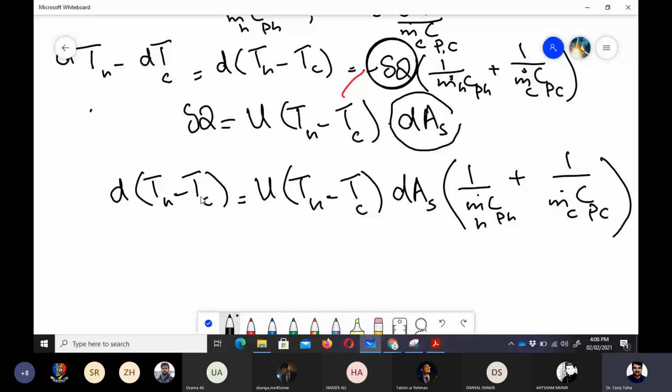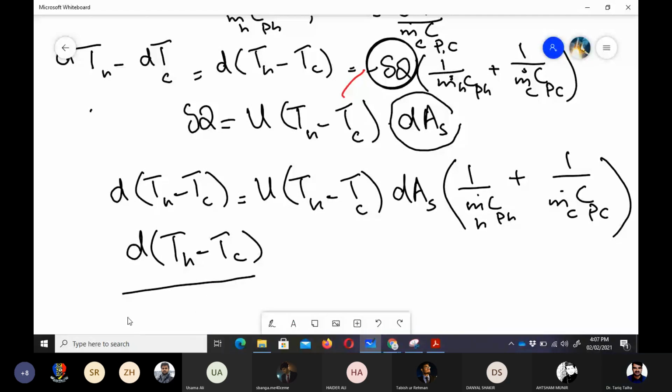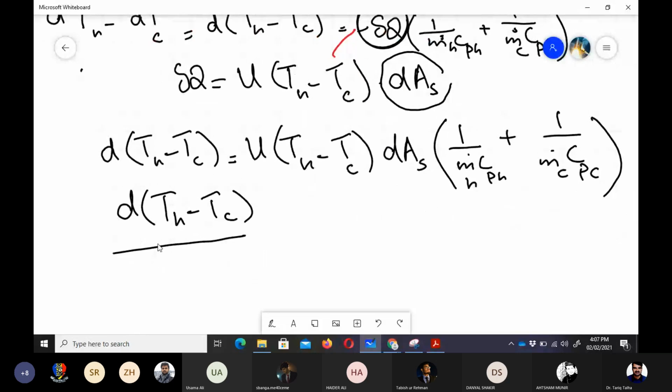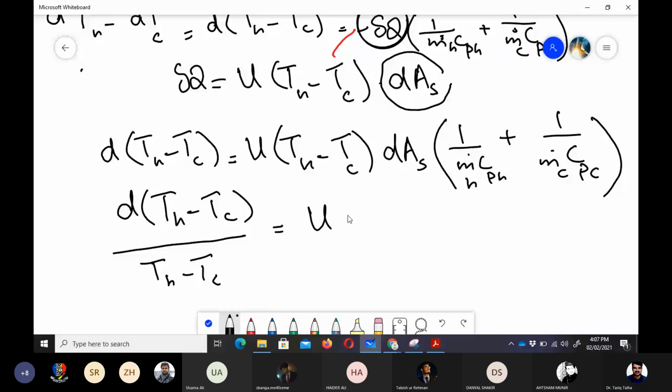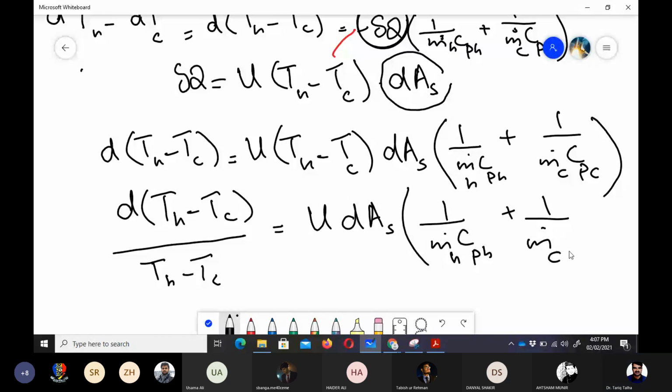Right. So now if we rearrange it, we can write d(Th minus Tc) divided by (Th minus Tc) would be equal to minus U into dAs into (1 upon m dot h Cp h plus 1 upon m dot c Cp c).